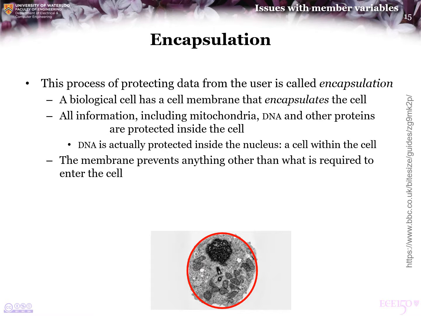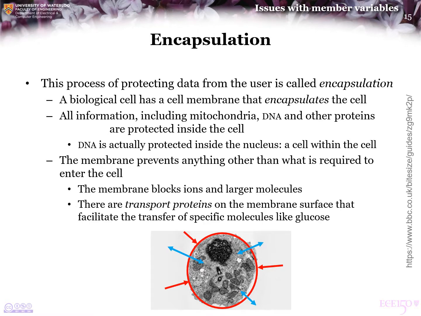Well, at least it tries to prevent anything else. So the membrane blocks ions and larger molecules, for example. It does allow smaller molecules like water to penetrate. There are transport proteins on the membrane surface, however, that facilitate the transfer of specific molecules like glucose into the cell, which is then used for energy.